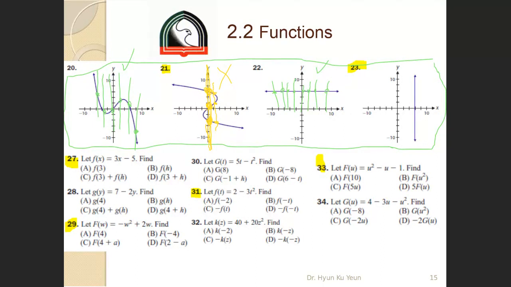As a matter of fact, this function is f of x equals 3. The last one is not a function. Why? Because if you take this vertical line, you see it intersects this line in infinitely many points. Therefore, this is not a function.